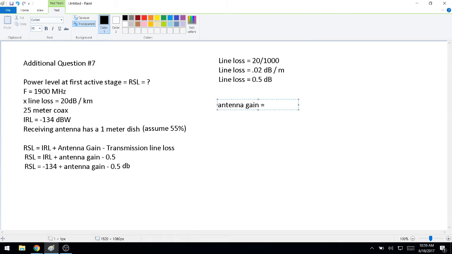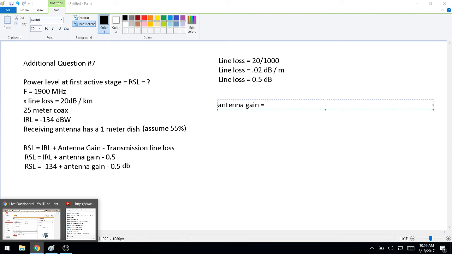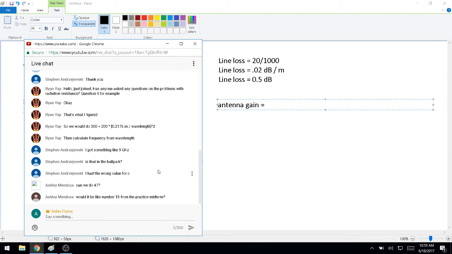And so over here, does anybody have off a formula sheet or their notes the formula that we need to use to calculate the gain of a parabolic antenna? If not, I can pull it up for you, but let's see if anybody has it in front of them.